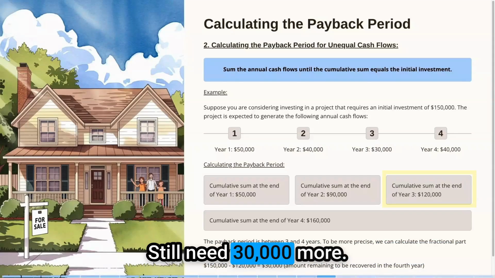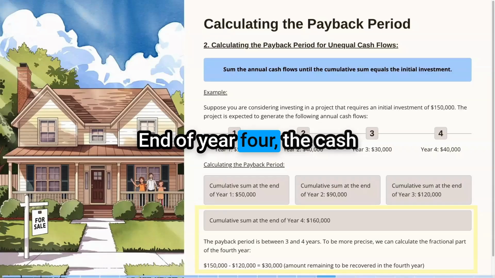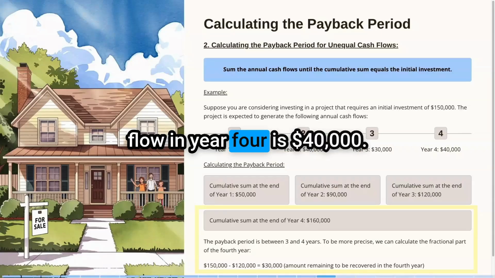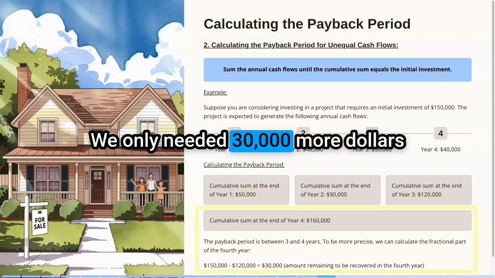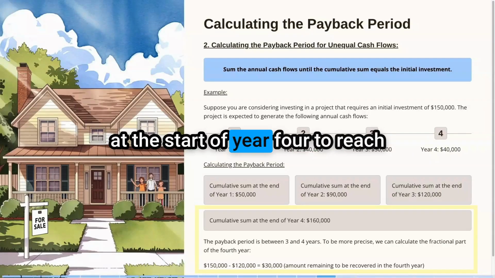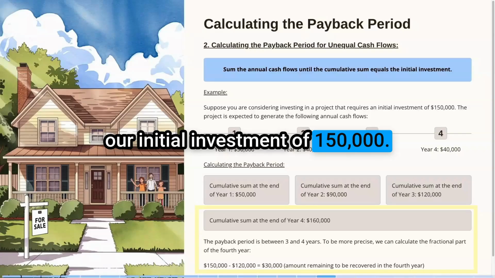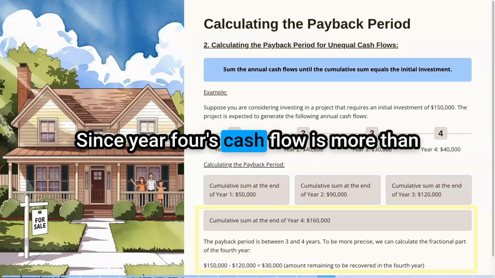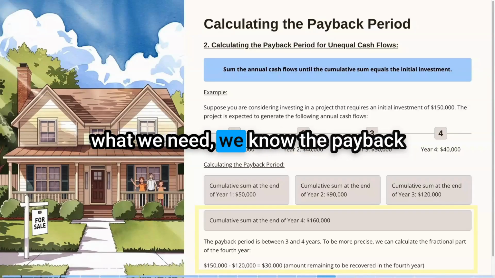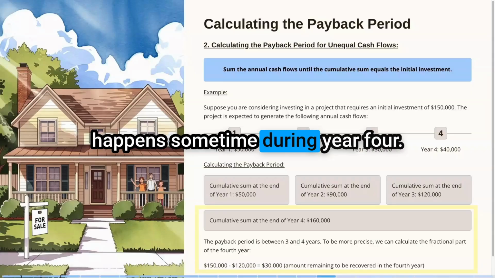Still need $30,000 more. End of year 4. The cash flow in year 4 is $40,000. We only needed $30,000 more at the start of year 4 to reach our initial investment of $150,000.